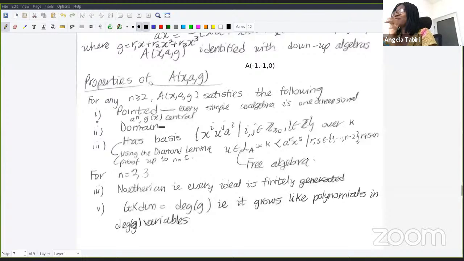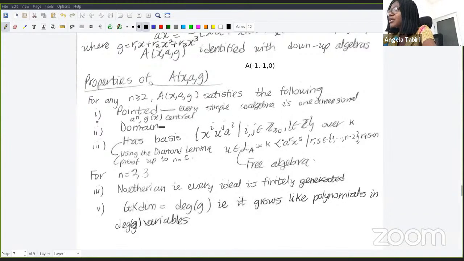So you look at permutations of a and x's whose degree is less than the degree n of your polynomial. For instance, if your n is 3, then this set L will just consist of AX. So your basis will just be powers of X, powers of AX, and powers of your A, which is also the same basis of a down-up algebra.